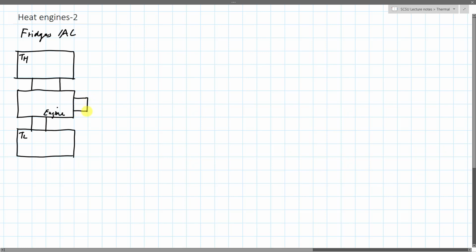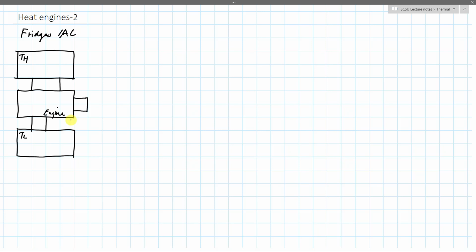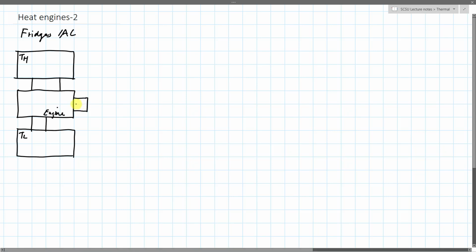But we're not trying to get work done. We're going to do work, for example, using an electric or it could be pneumatic compressor to compress certain liquid. So we're going to put work in instead of harvest work out.